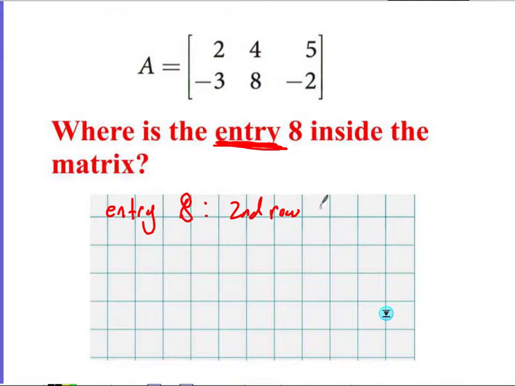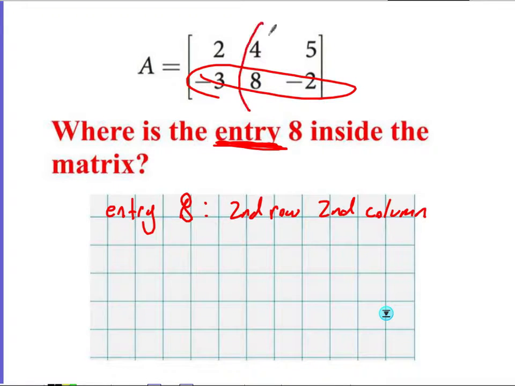It's going to be the second column. So if I actually highlight or circle the second row and circle the second column, you can see that the circles overlap exactly where 8 is at. So that gives me a very precise address of where entry 8 is inside the matrix.